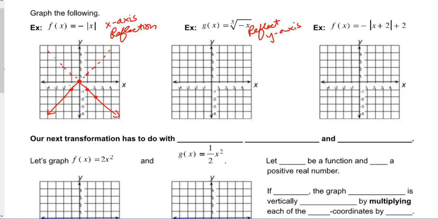And so you might need to make sure that you end up knowing your original function still. This is that cube root of x. So the original cube root of x ended up being 8, 2, negative 1, and we had negative 8, negative 2. So it looks something like this. Okay, so if you need to start with the original, please do so.